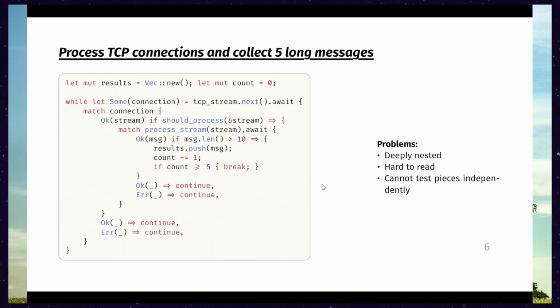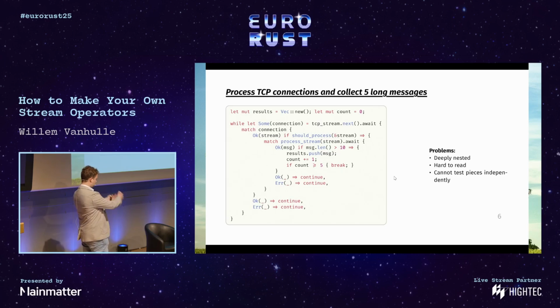And you're going to loop over the items that are yielded by this stream, and you're going to match, and you're going to do lots of stuff, and it becomes very nested and hard to follow along. Also difficult to test things independently, things that are not related, but it's necessary to only test specific things and not everything at once.